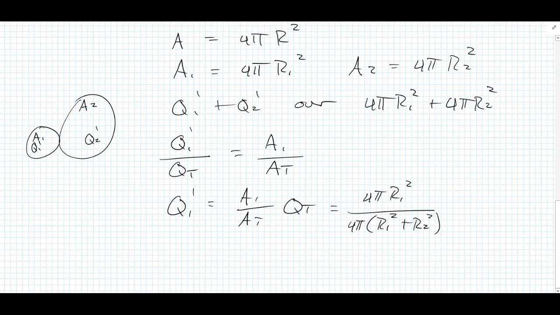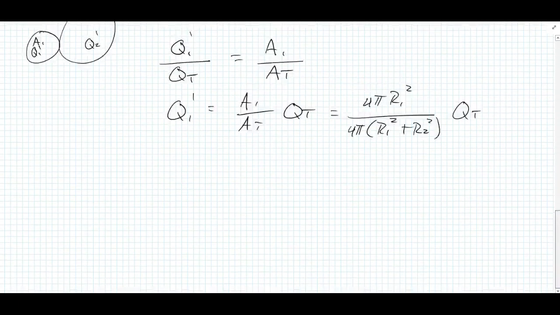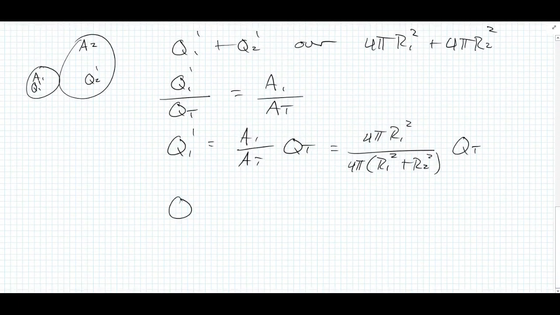Then I've got the total charge, and that total charge I'll write as QT right now, but we already know that it's the sum of the charge that we started out with. It's the sum of Q1 and Q2 unprimed that is going to give us that total. So this is what Q1 prime would be, and Q2 prime will be something very similar. So Q2 prime, sorry, that's going to be A2 over area total times the total charge.